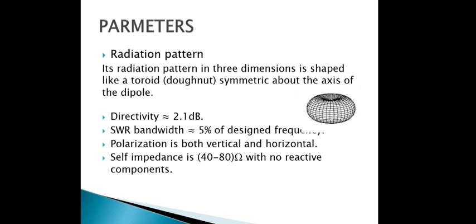This is the remedy to increase the radiation resistance in the half-wave dipole antenna. If you take a folded dipole antenna, the number of elements is 2, so n squared times r, n squared equal to 4, 4 times 73 is equivalent to 292 ohms. Therefore, this is a sufficient input resistance for this half-wave dipole antenna.